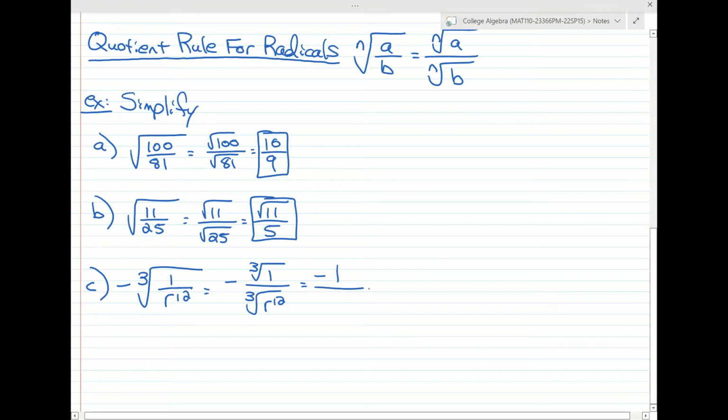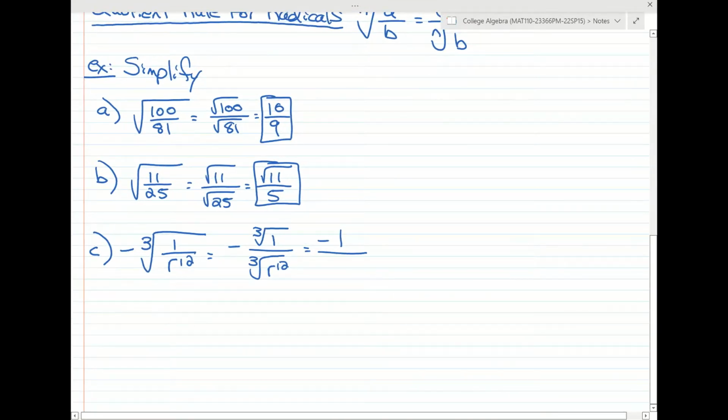In our last class, we talked about radicals and exponent powers. So does anyone remember the cubed root of r to the 12th? What would that be? We talked about a property converting radicals to fractional powers. 12 over 3 is correct.